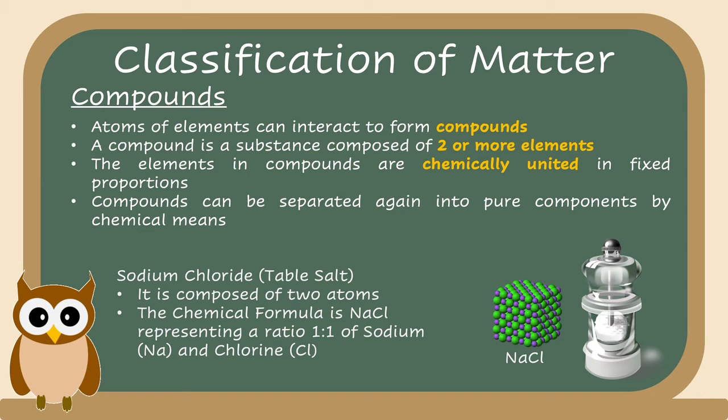By themselves, sodium is a highly reactive metal and chlorine is a poisonous gas, but together they form a very stable salt that we all love to put on our food. As you can see, sodium chloride forms a giant, endlessly repeating lattice structure, but it will always be in the ratio of one sodium atom to one chlorine atom.